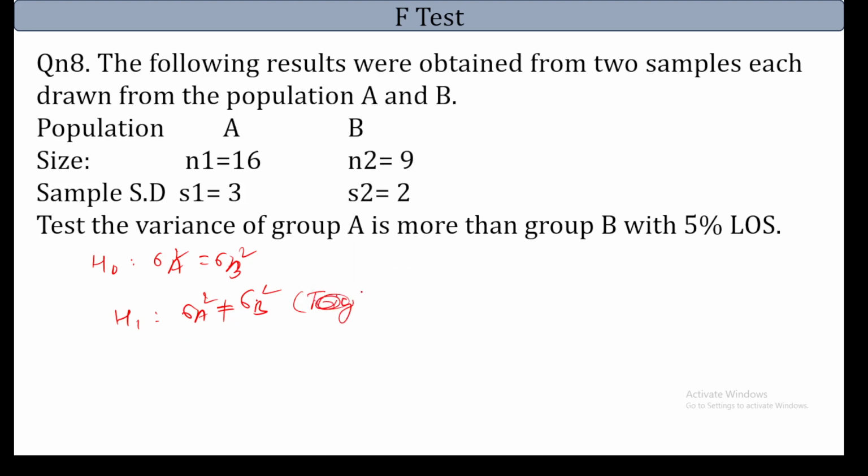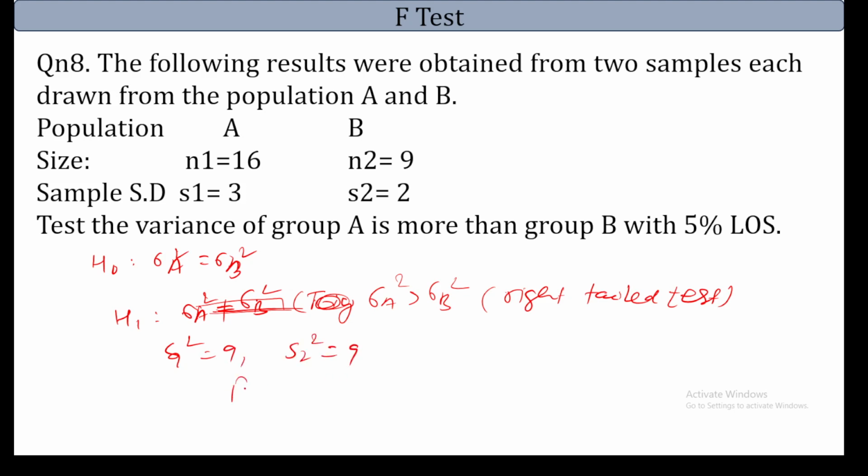No, sorry, they are asking group A is more than, so it's a right tail test. Okay, so S1 square will become 9, S2 square will become 4, so F will be 9 upon 4. So how much came? 2.25. N1 is 16, N2 is equal to 9, so degrees of freedom are 15, 8.